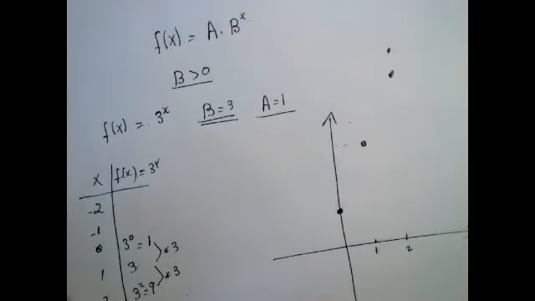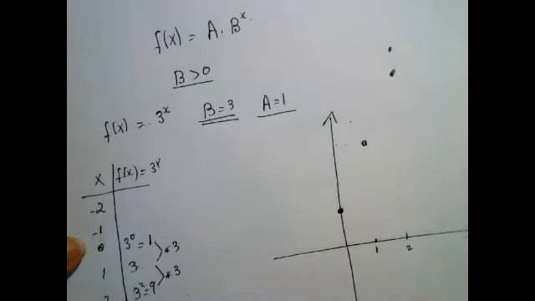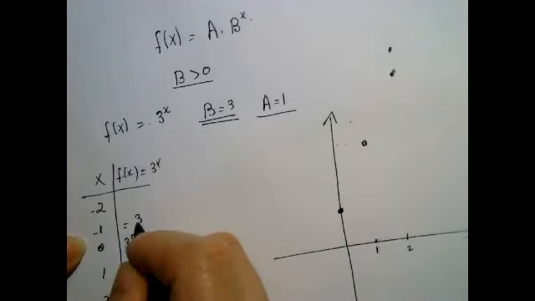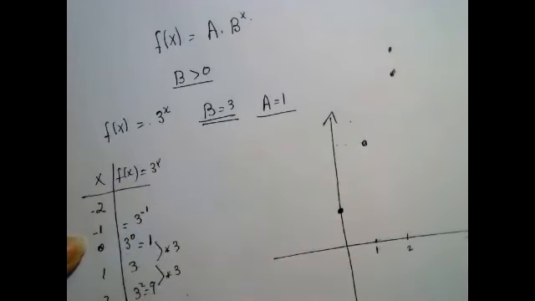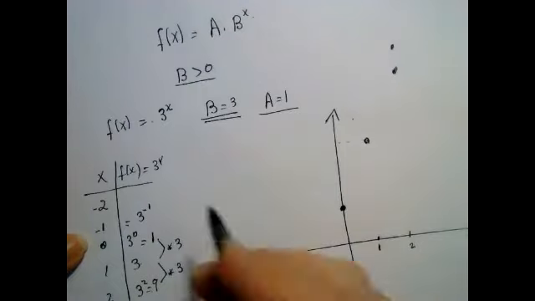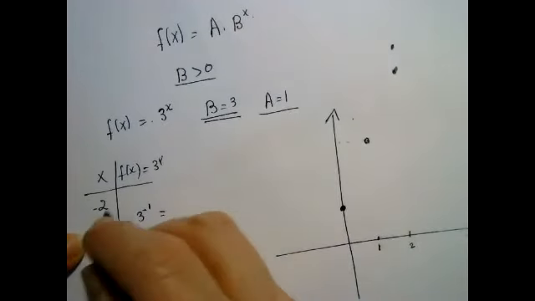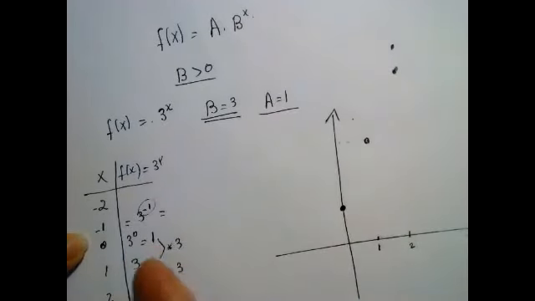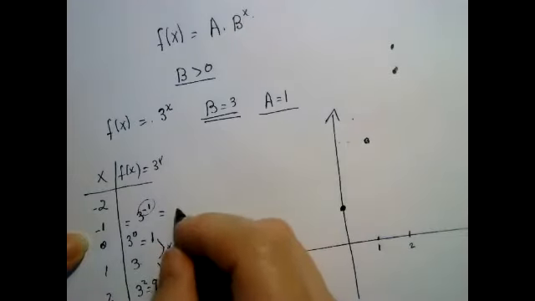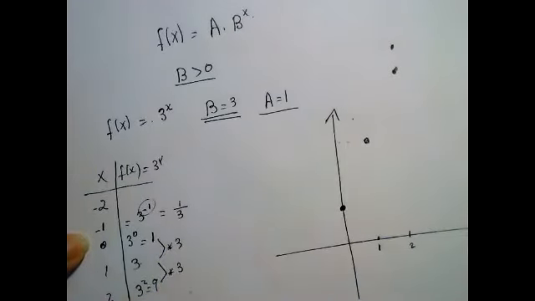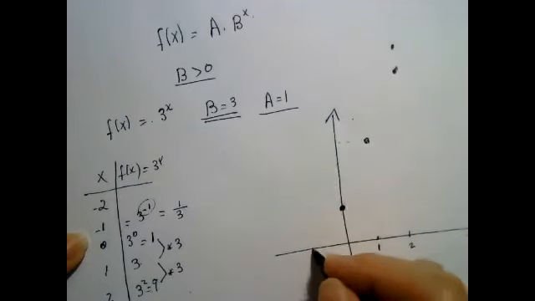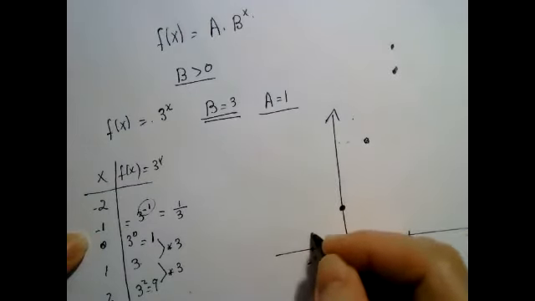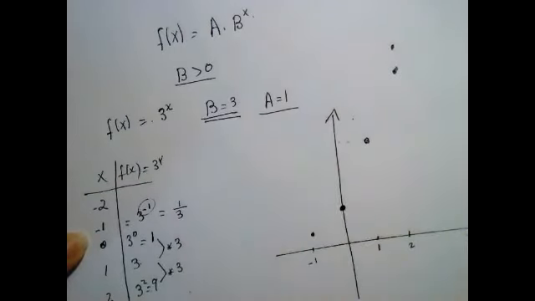Now, what is the value at -1? At -1, it's 3 to the -1. But what's 3 to the -1? One of the main reasons we studied negative exponents is to be able to talk about these ideas. This is 1/3. So at -1, my function is right there. It's very small.